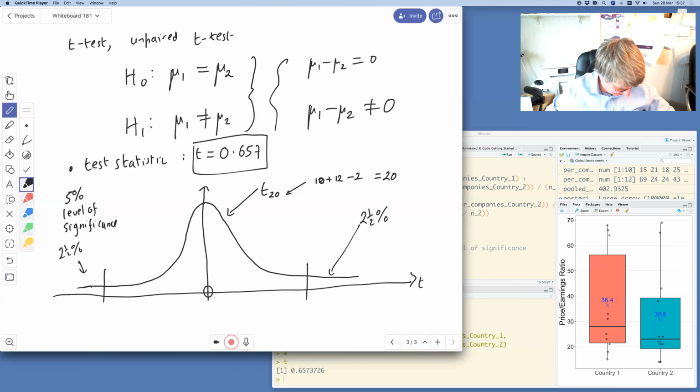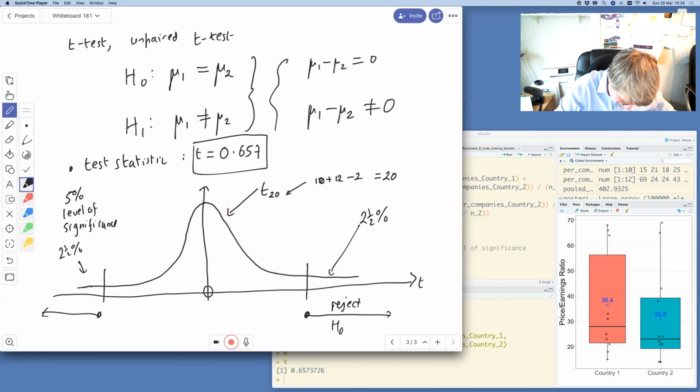We're doing a two-tail test. And the rule is that we reject the null hypothesis if the value of our test statistic is in that tail.